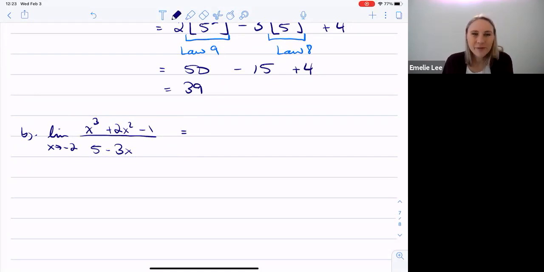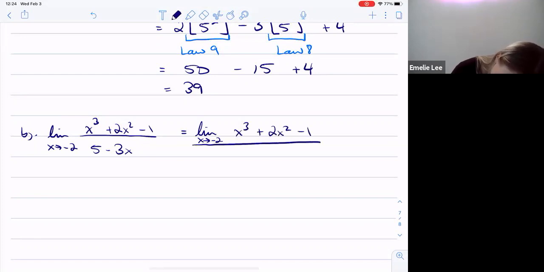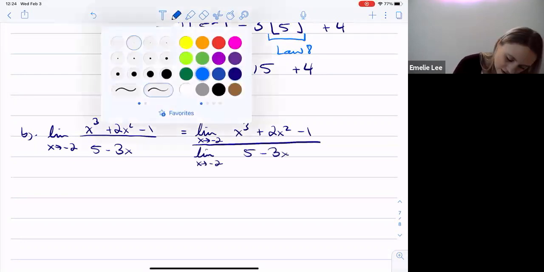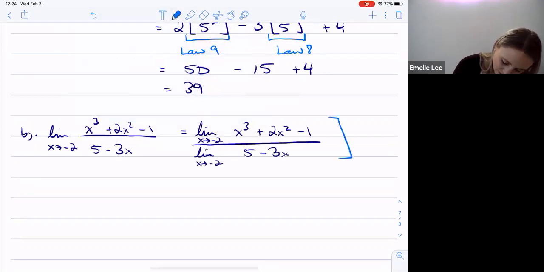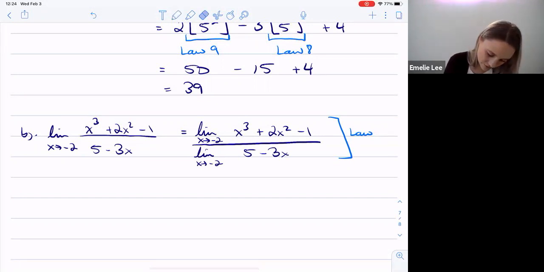So by law number 5, I'm able to distribute the limit onto both the numerator and the denominator. So let's go ahead and do that. I have the limit as x goes to -2 of x to the 3 plus 2x squared minus 1 divided by the limit as x goes to -2 of 5 minus 3x. And I'll just make a note here that I did that by law 5.